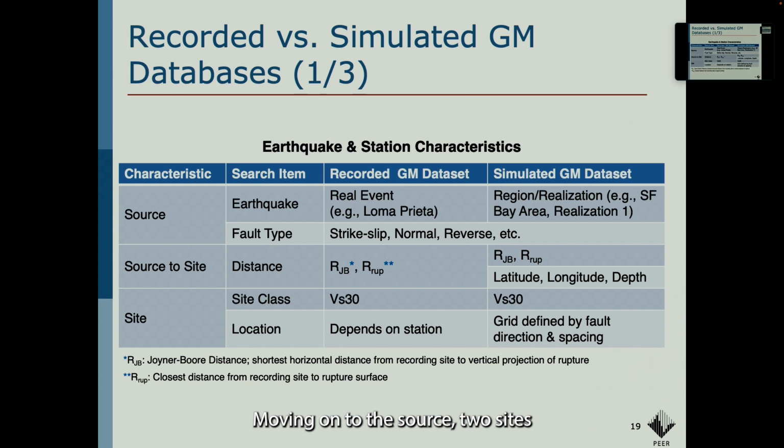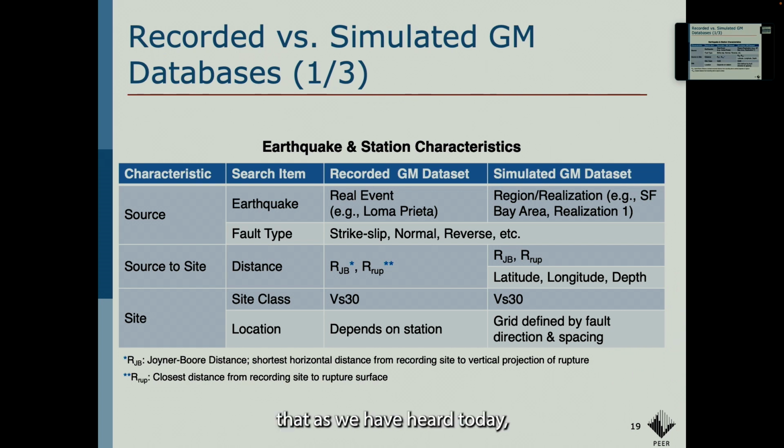Moving on to the source to site, we mentioned we can use Joyner-Boore distance or the closest distance to the rupture surface. Again, that is valid in the simulated ground motion data set. Yesterday, Brendon Bradley mentioned an interesting aspect, the ergodic nature of ground motion selection when you are selecting motions from a recorded ground motion data set.